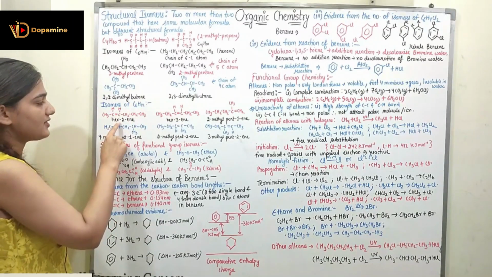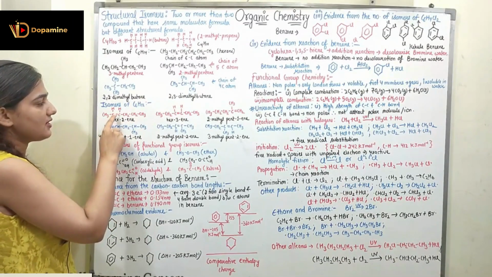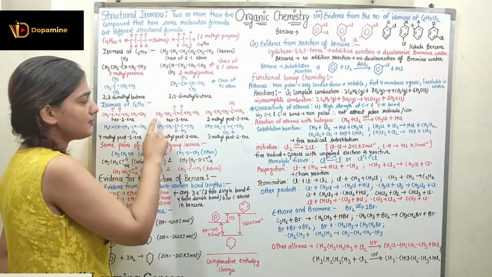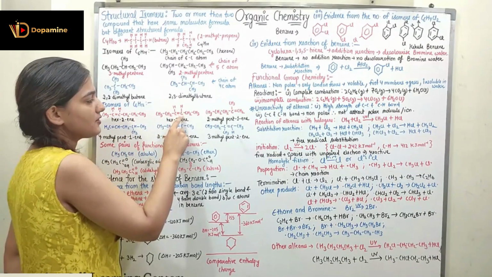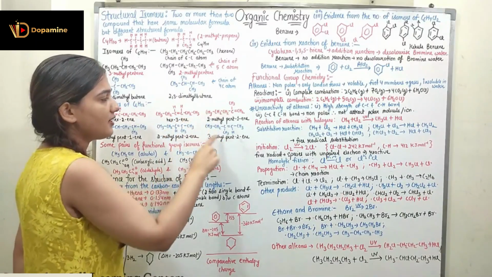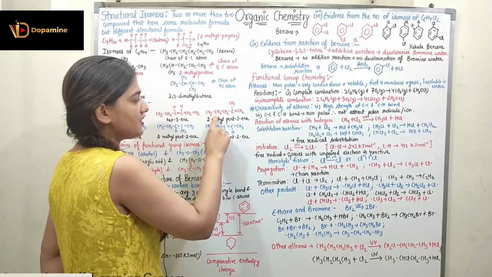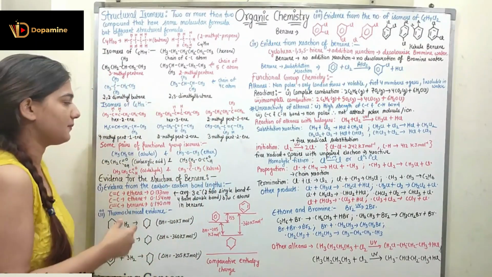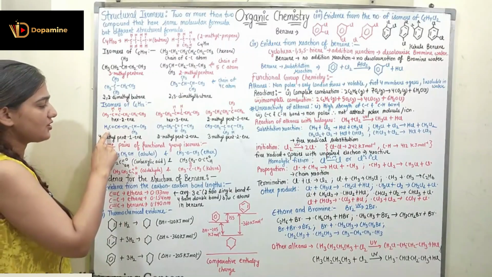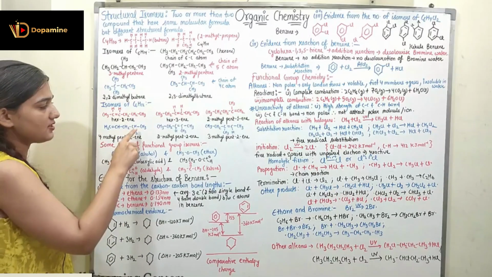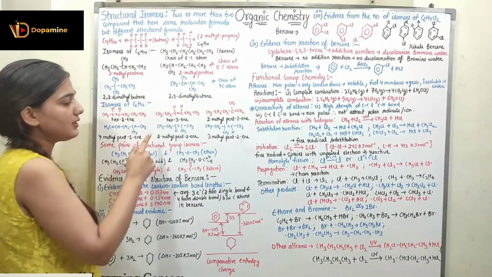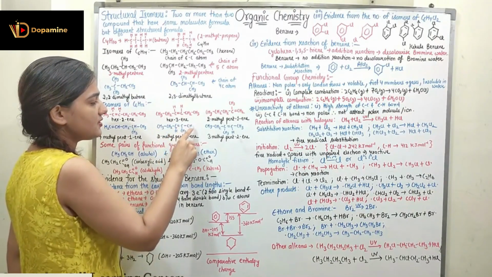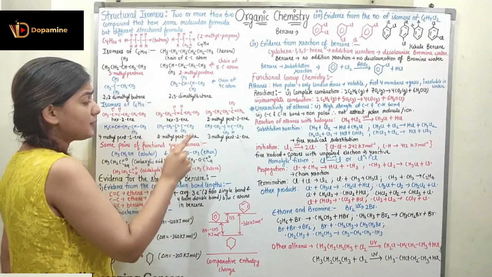Coming to the isomers of C6H12. Here this is the first isomer, hex-2-ene, CH3CH=CHCH2CH2CH3. We can have hex-3-ene as well, CH3CH2CH=CHCH2CH3. This is the third type of isomer, CH3CH2CH2C(CH3)=CH2. This is 2-methylpent-1-ene, right? Coming to the next structure, CH2=CHCH2CH(CH3)CH3. This is 4-methylpent-1-ene. CH3CH2C=C(CH3)CH3 is 2-methylpent-2-ene.